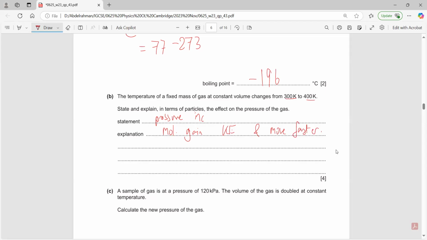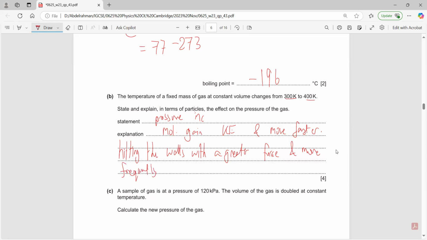They hit the walls of the container with a greater force, and you can say that they are hitting it more frequently.